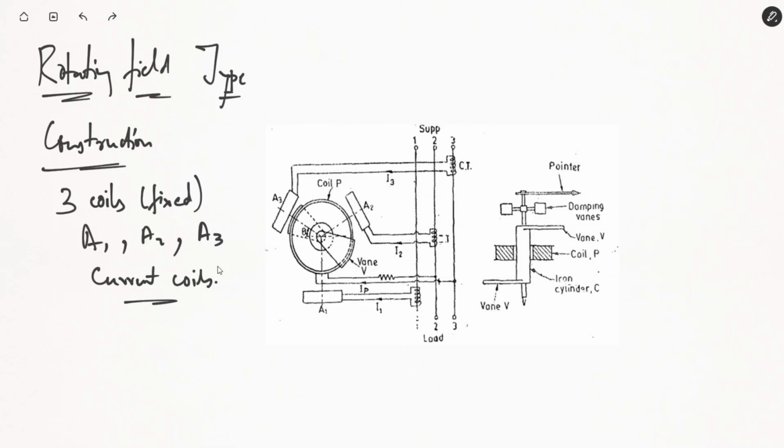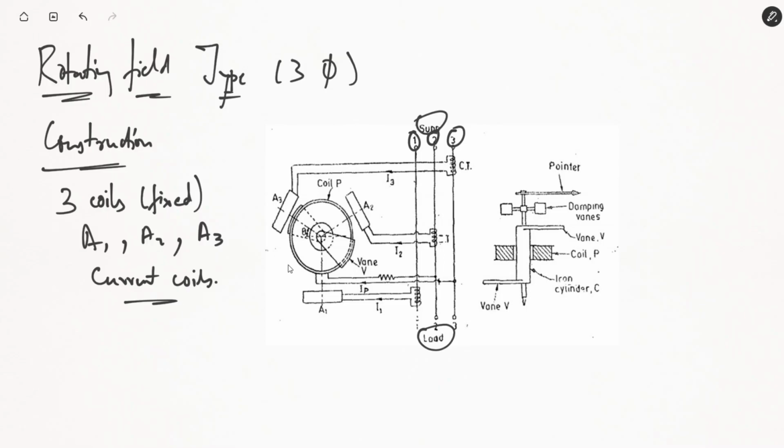This is now a three-phase system first. So they are connected to three phases, 1, 2 and 3, or ABC, whatever you want to refer. This is your supply side, and on this side there will be the load. In between the power factor measurement device is connected. So there are three current coils, A1, A2 and A3, fixed with the three lines 1, 2 and 3.